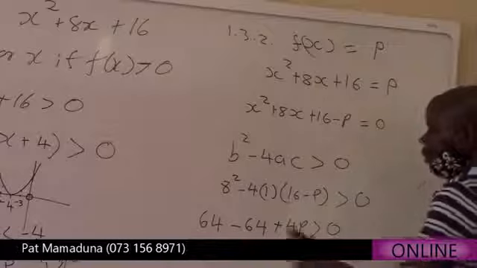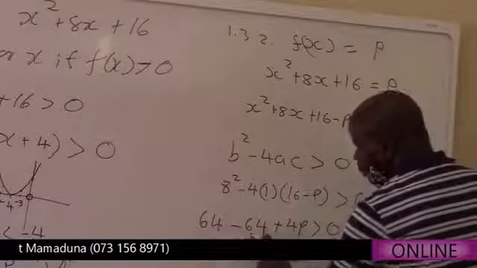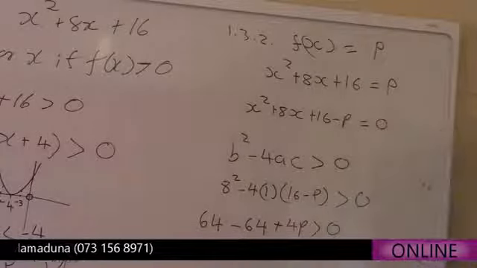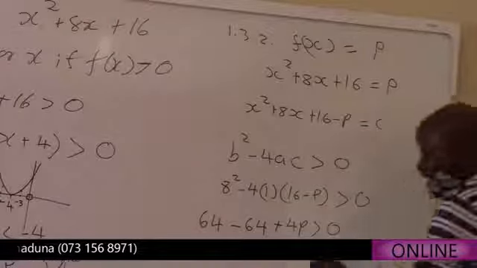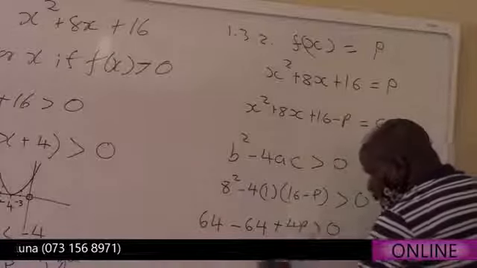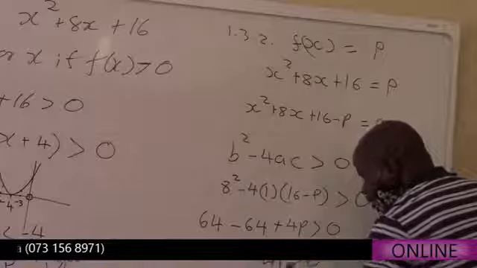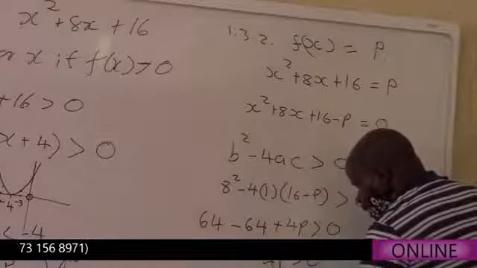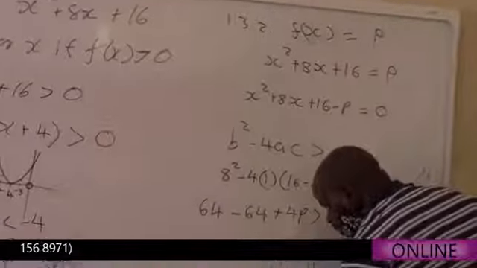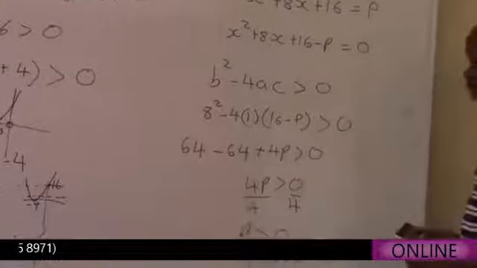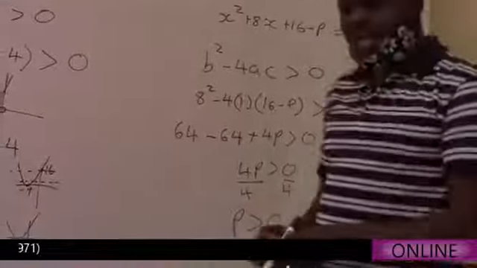So here 64 minus 64 gives us 0. So we have 4p greater than 0, and when we divide by 4, we have p greater than 0.